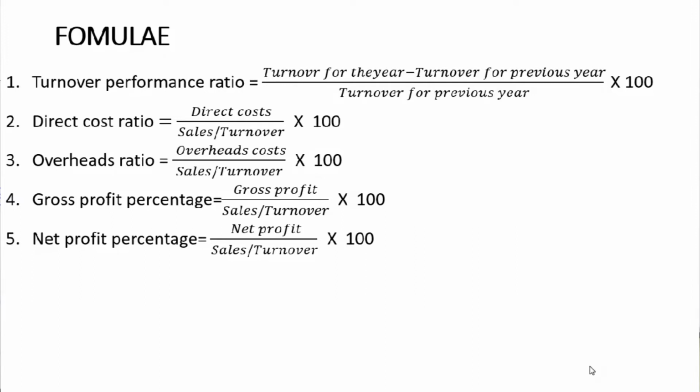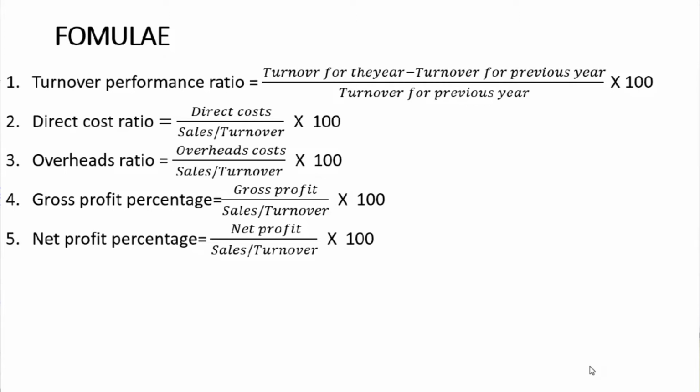We also have to calculate the ratio called the cost ratio. The cost ratio is divided into 2: the direct cost ratio and the overhead cost ratio.